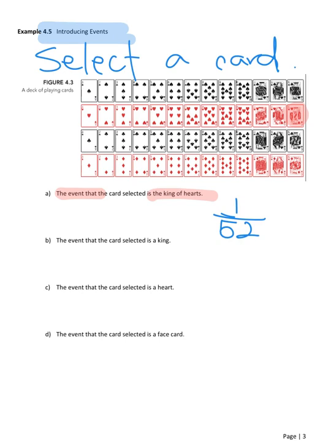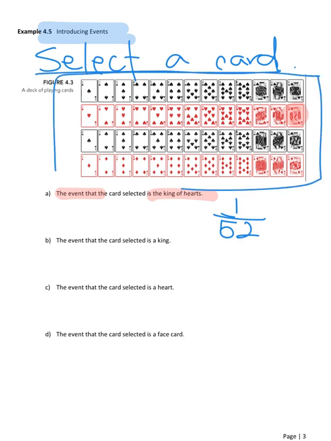That is the experiment, and this is the sample space. Part A has an event, king of heart. The probability will be 1 out of 52. How much will that be as a decimal?